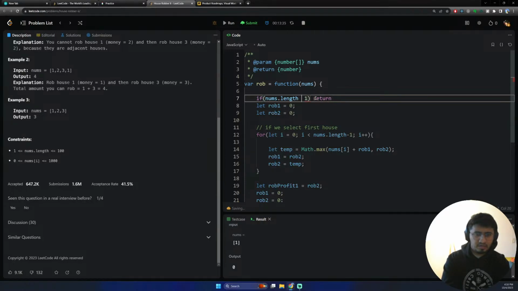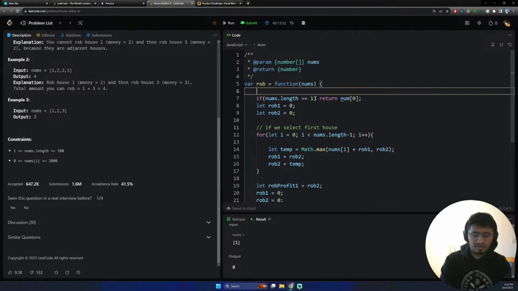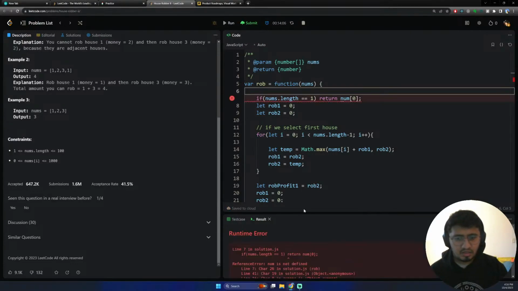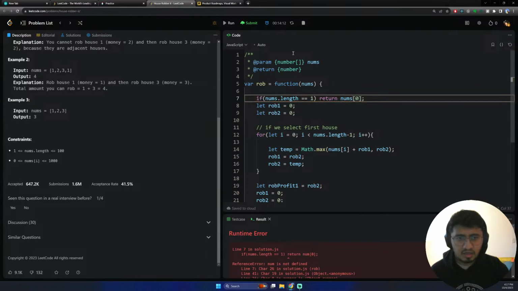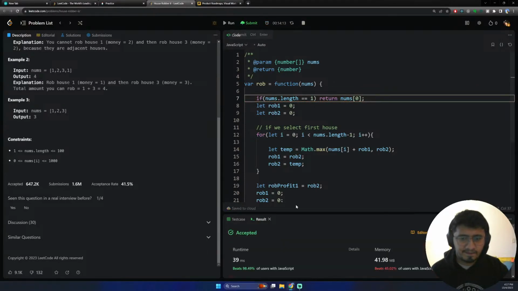So if it is equal to 1, then at that point we can return nums of 0, else if nums.length is, so yeah, I think this should do it. Okay, nums, sorry, my bad. Yeah, that should do it.